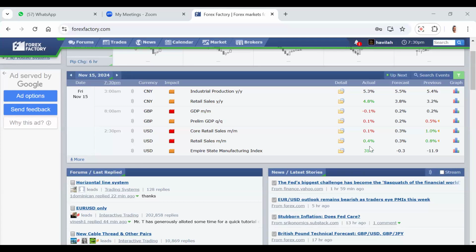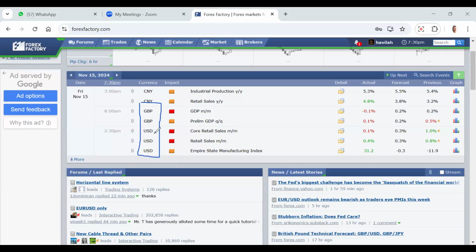If you're okay, I've explained this to you on gold. If you are trading gold, gold is pegged against the dollar. Gold is XAUUSD. So if the news comes out good for the dollar, color green, you are going to be selling gold. On Forex Factory here, we don't have a section for gold. I told you Forex Factory is focused on the base currency.